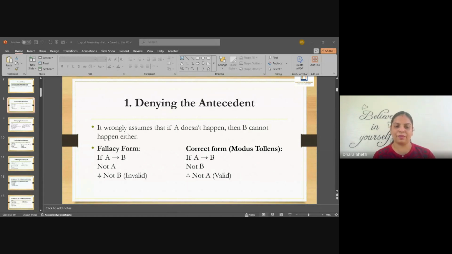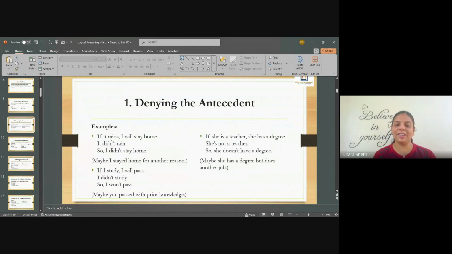Let's say, if it rains, I will stay home. If A, then B. It did not rain, so I did not stay home. Now this is wrong because I probably stayed home for some other reason. Rain cannot be the one and only reason because of which I stayed. So denying the antecedent, that is a formal fallacy.